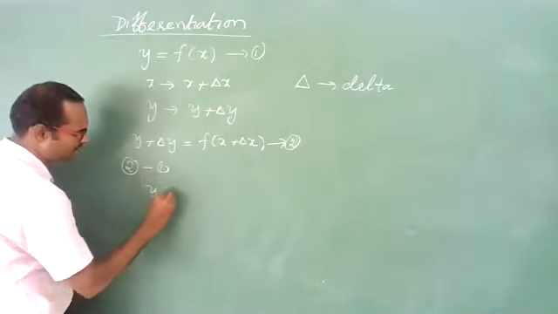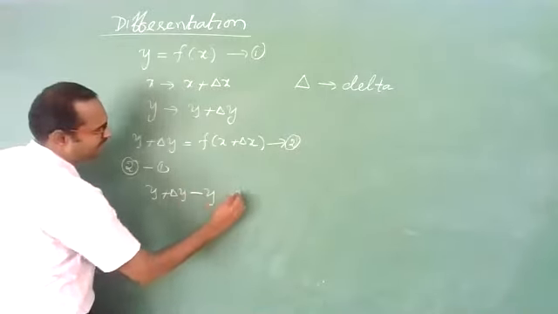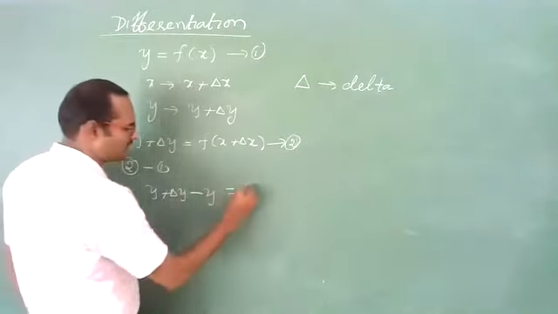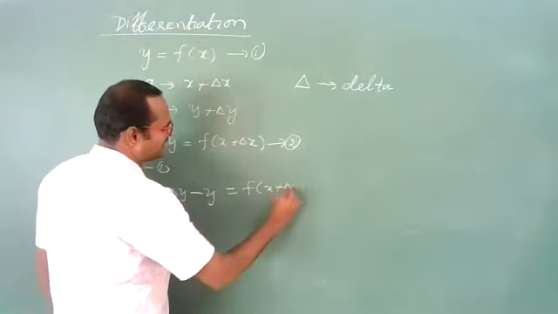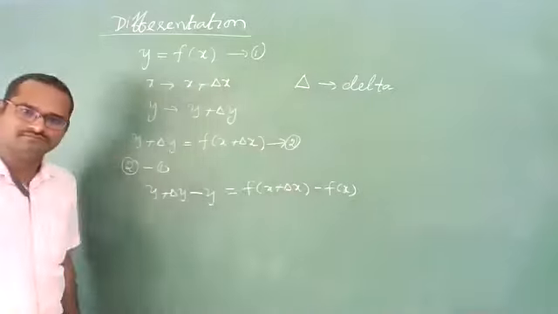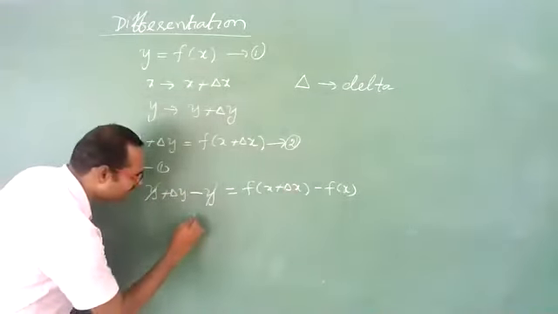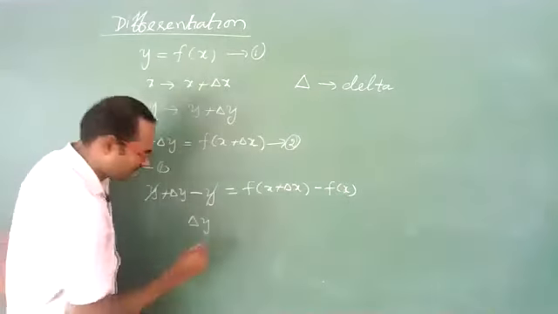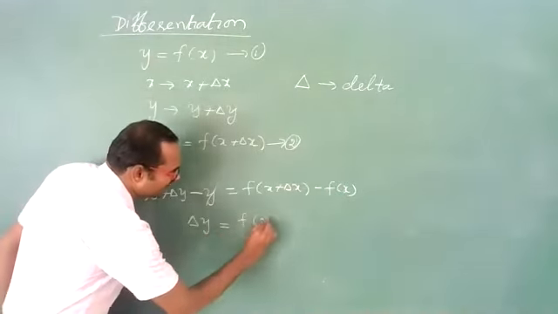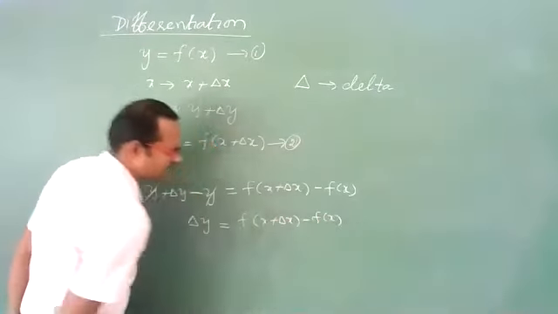What is 2? 2 is y plus delta y, minus 1 is y. Left hand side subtracted. Right hand side also, f of x plus delta x minus f of x. Now y minus y cancel. You will get delta y is equal to f of x plus delta x minus f of x.